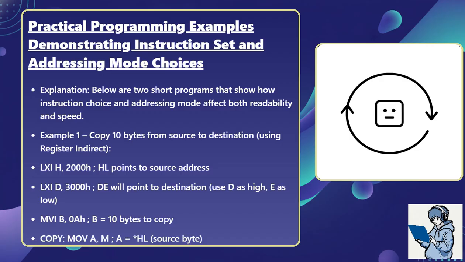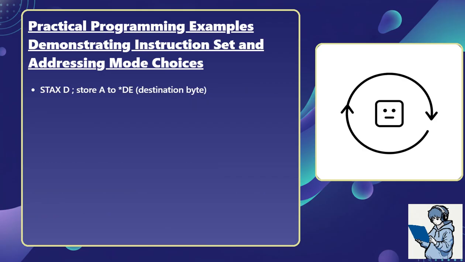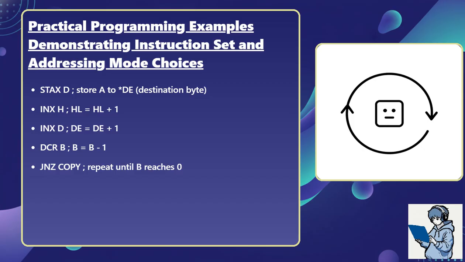Copy: MOV A,M: A equals the source byte at HL. STAX D: store A to the destination byte at DE. INX H: HL equals HL plus 1. INX D: DE equals DE plus 1. DCR B: B equals B minus 1. JNZ copy, repeat until B reaches 0.